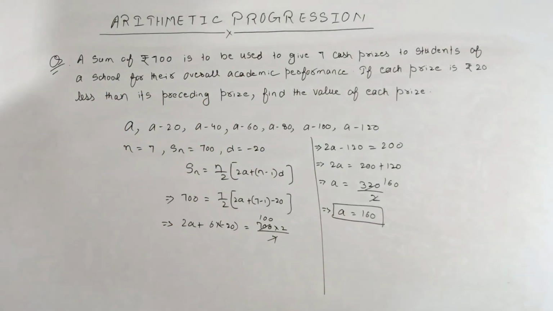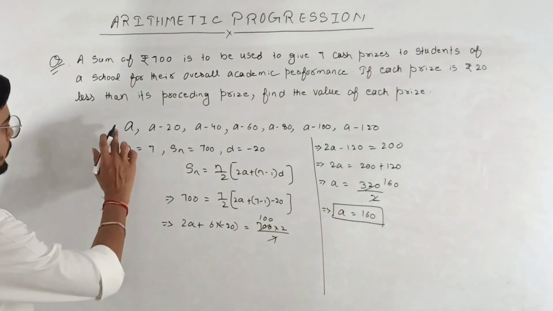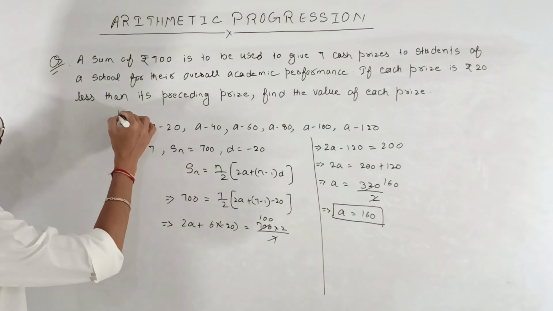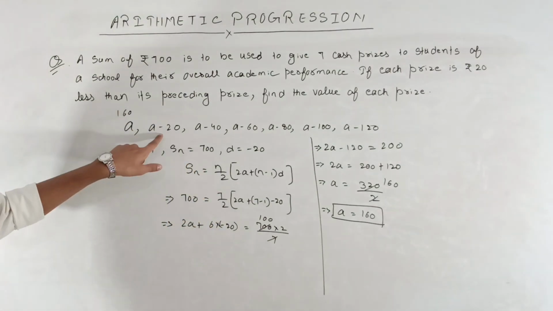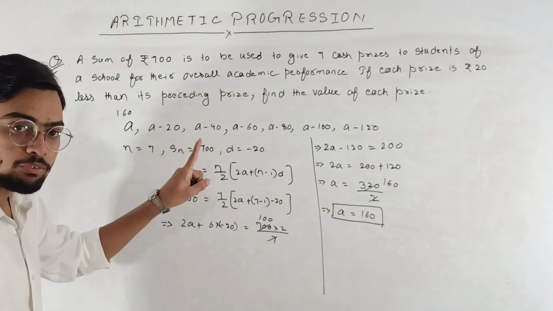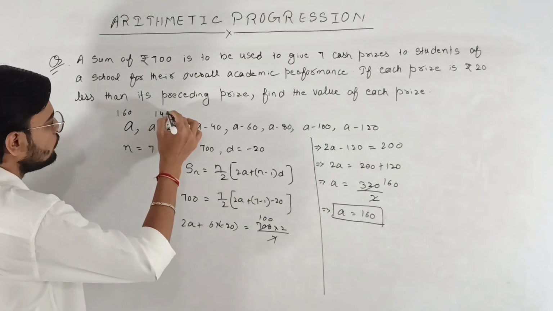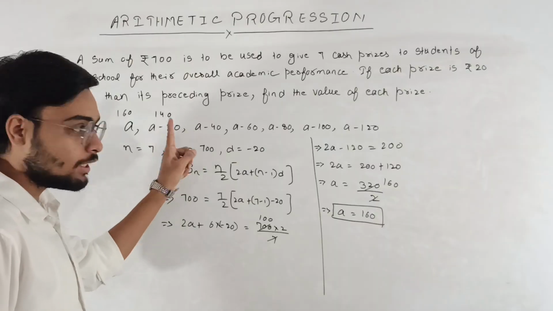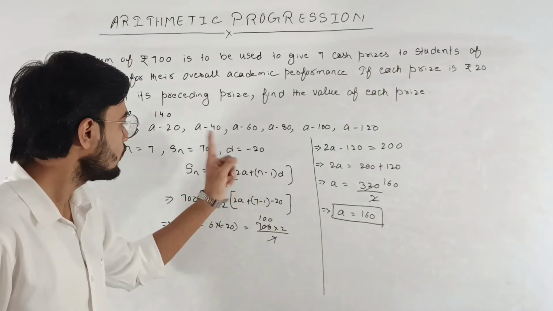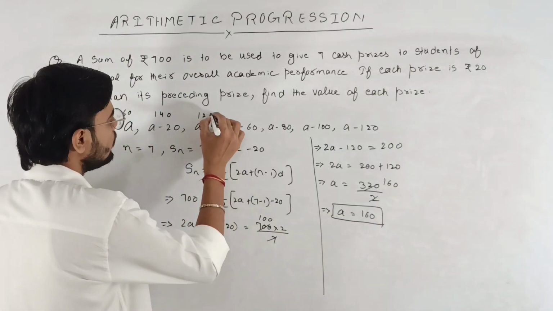First prize is 160. We have to find the value of each prize. Then the first prize A is 160. The second prize is A minus 20, so 160 minus 20 is 140. The third prize is A minus 40. A is 160, so 160 minus 40 is 120.